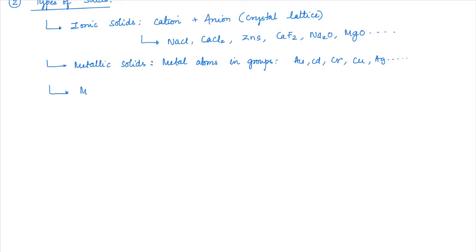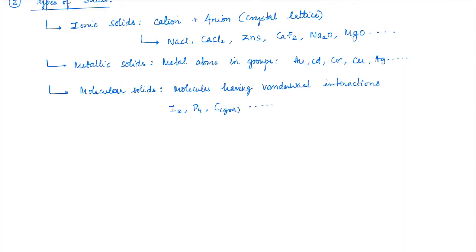The third type of interactions to form solids are molecular solids, as in molecules having van der Waals interactions, as in the case of I2, P4 or graphite. These are the cases we call molecular solids. I think the types of solids are clear.